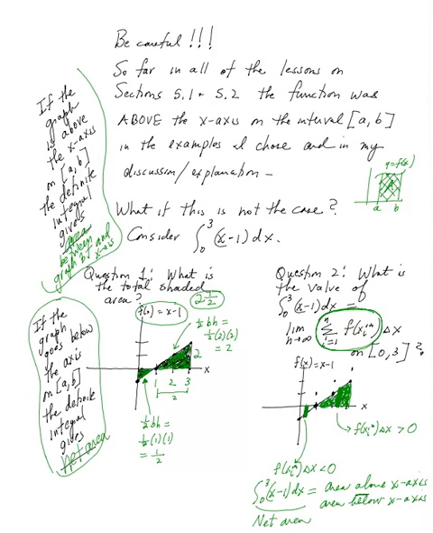So what's going to be the value of this definite integral? It's going to be the area of this triangle because it's above the axis, and that was 2. But the area of this triangle is below the axis, and its area a minute ago we found was 1/2. So we have to subtract the 1/2.